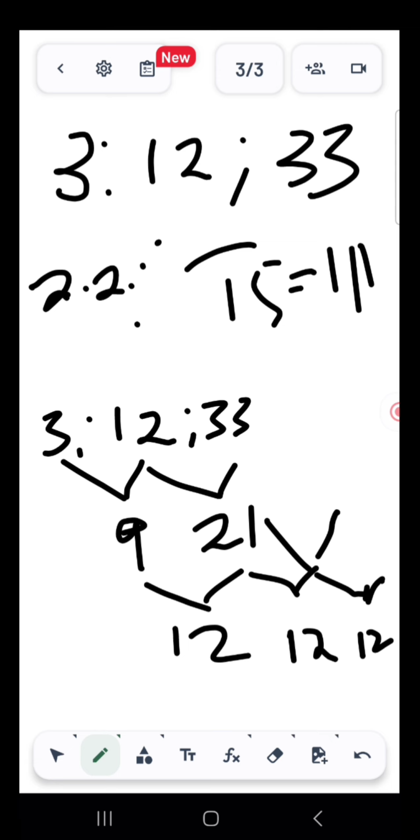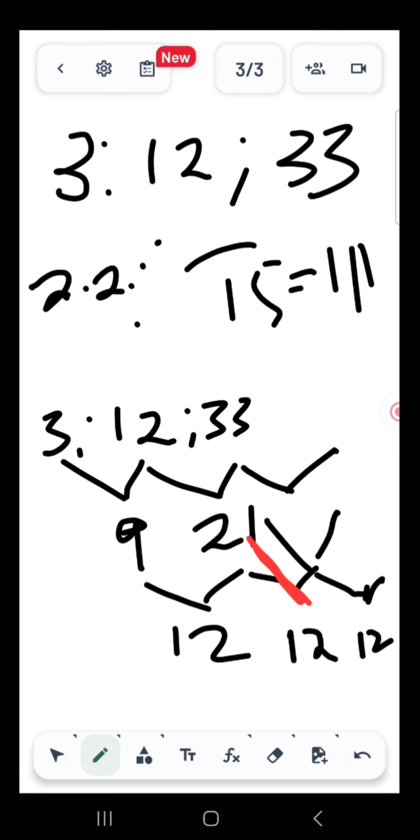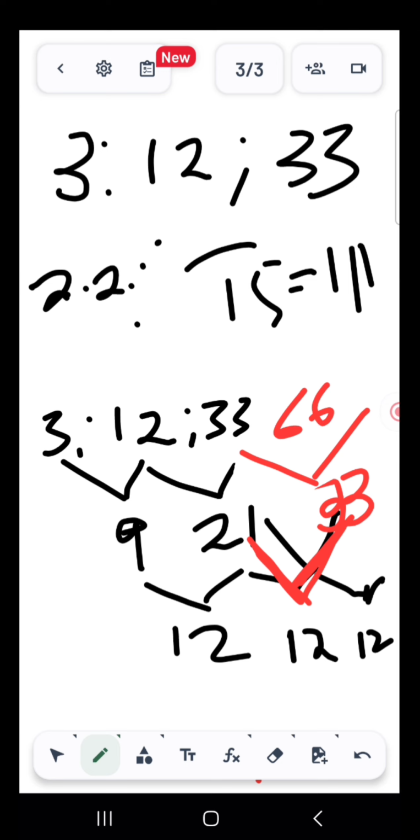Now to get the next first difference, you say this last 12 plus 21. If you go down you minus, if you go up you add. So this 12 plus 21 gives us 33. Then you do the same thing here: 33 plus 33 to get this answer. So if you go down you minus, if you go up you add, and that gives you 66.